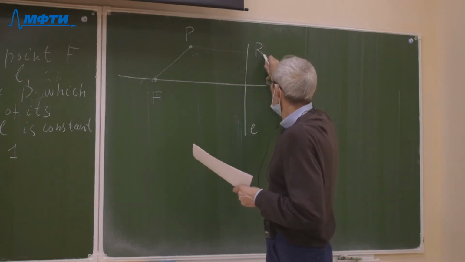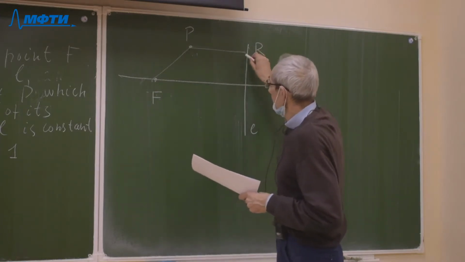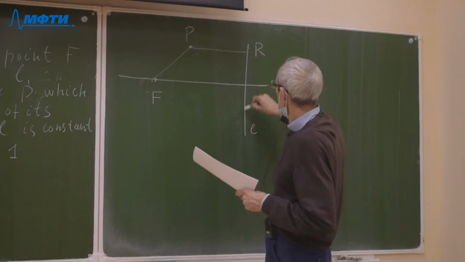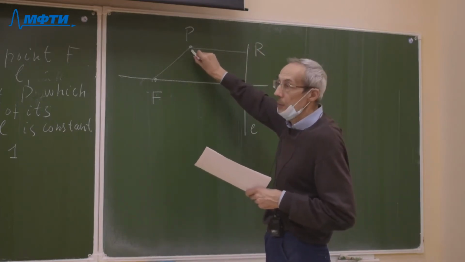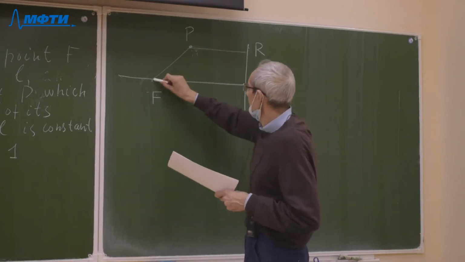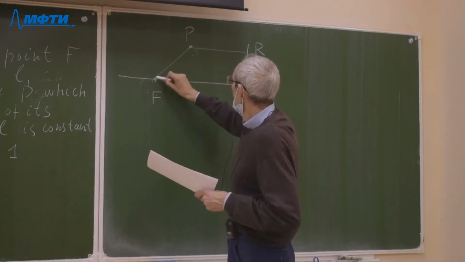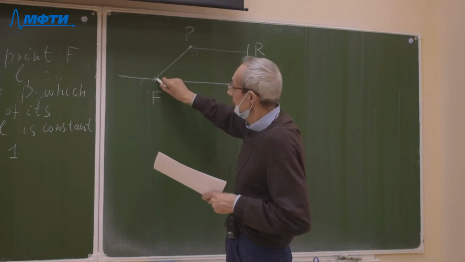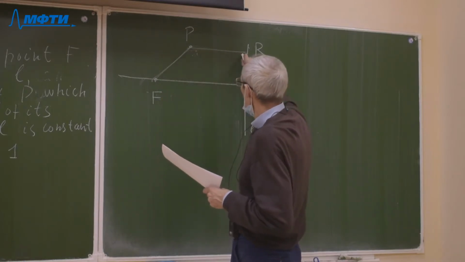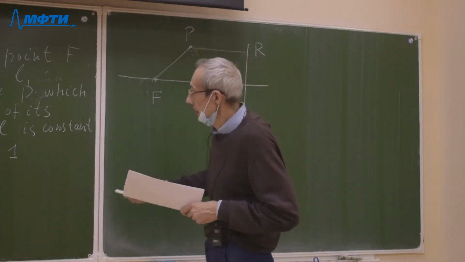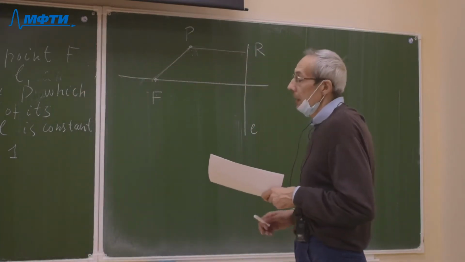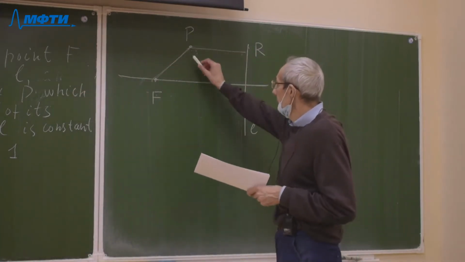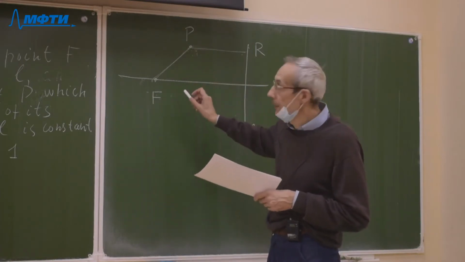Let R be the base of the perpendicular to the straight line L which passes through the point P, and the ratio of the lengths of segments FP and PR is constant for any point of the locus of this point P.